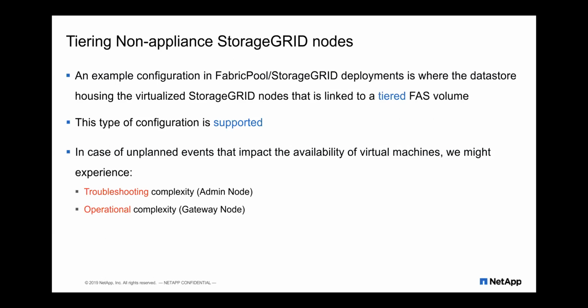If an admin node happens to be impacted, then the StorageGRID environment may still be serving I/O and processing requests from the FAS nodes. However, the user will lose the web GUI to be able to check on the health of all the nodes or do any maintenance on the grid.